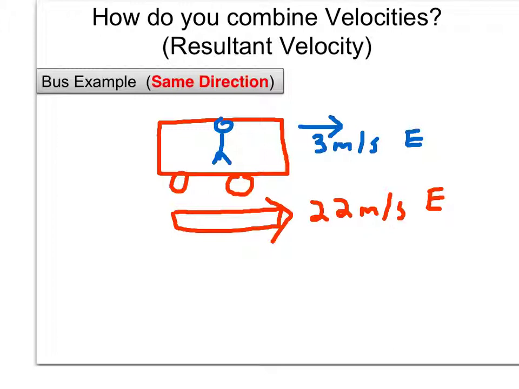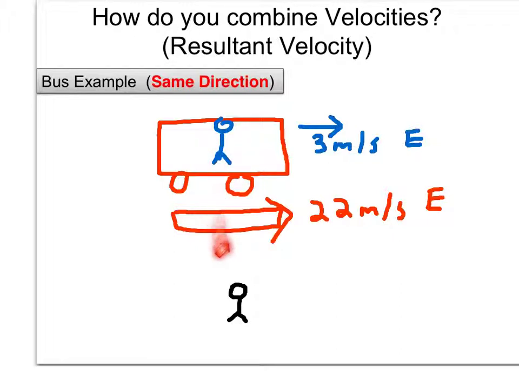Well, if there was a cop, for example, out on the sidewalk, and he took a radar gun and he radared the bus, he would get a speed of 22 meters per second east. And let's just say the speed limit's 22 just for the sake of this. But if he accidentally radared the person, he would not get a speed of 22.